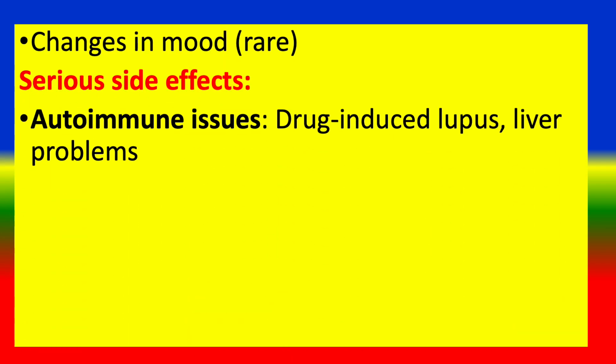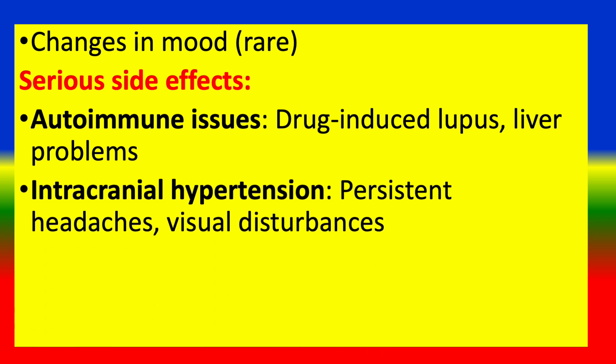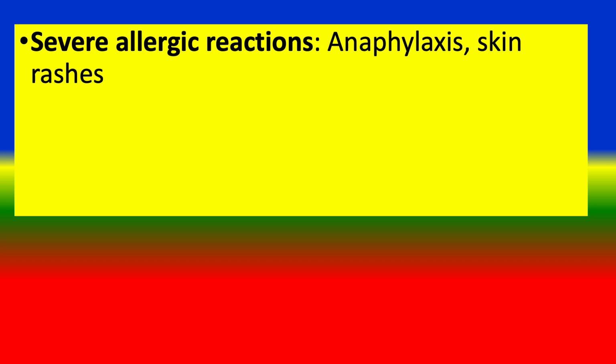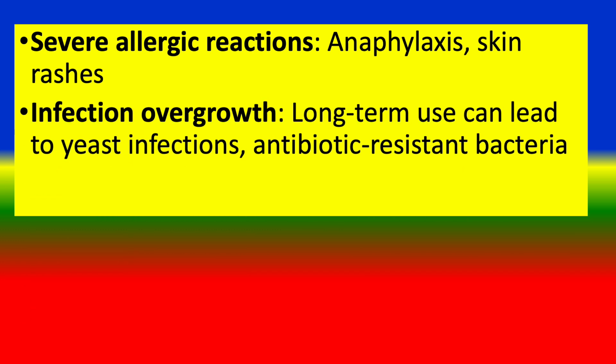Serious side effects: autoimmune issues, drug-induced lupus, liver problems, intracranial hypertension, persistent headache, visual disturbances, severe allergic reactions, anaphylaxis, skin rash, infection overgrowth. Long-term use can lead to yeast infections and antibiotic resistance.